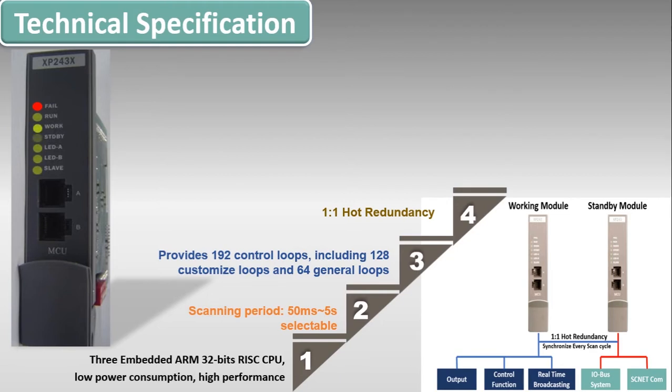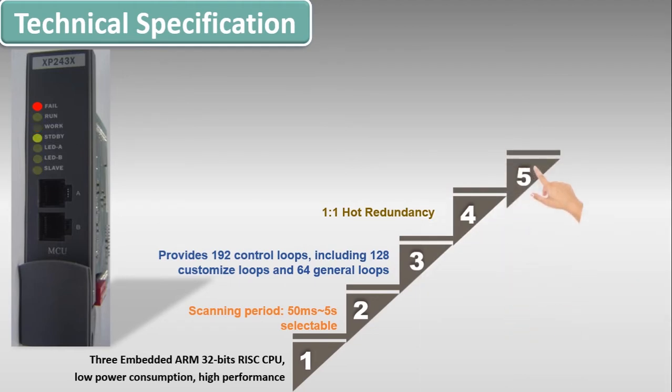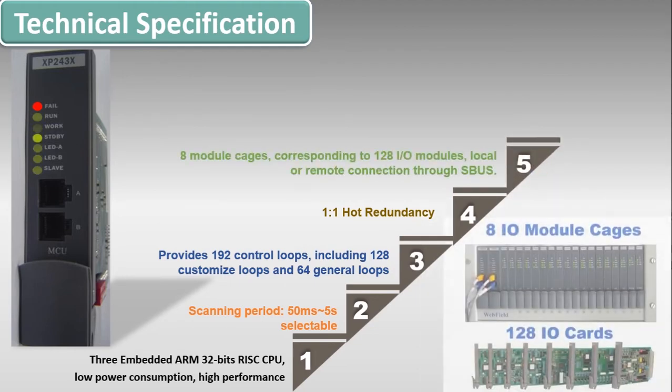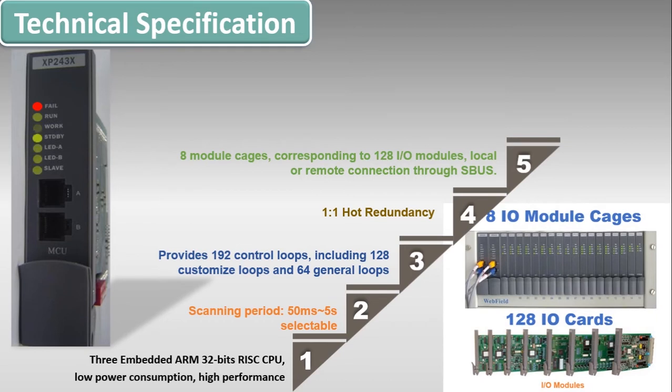But the only difference is that the working module gives the output and control function and real-time broadcasting. These output and control functions given by the working module will be synchronized with the standby controller in every scan time. That's why, in case of any failure, one controller can easily shift to another controller without interruption of the system.